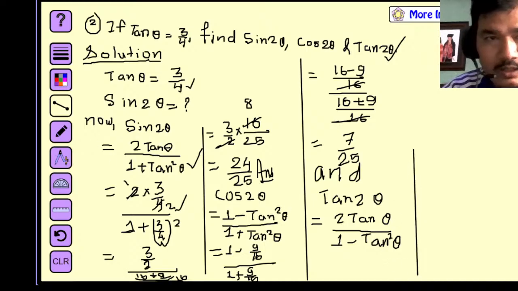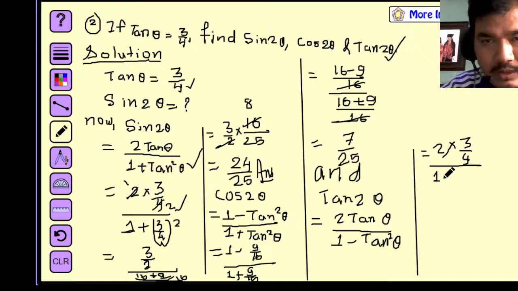When you take the LCM by putting this value, 2 into tan theta, we have the value already 3 by 4, and whole upon 1 minus tan square theta. Then if you do squaring, that will come here 3 by 4 whole square, that means 9 by 16.